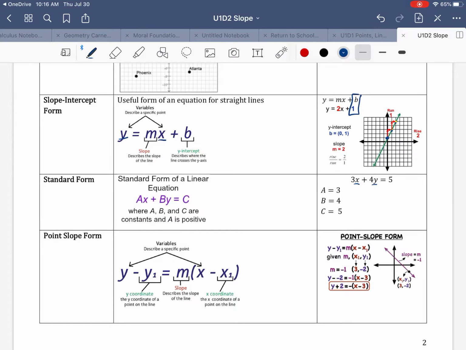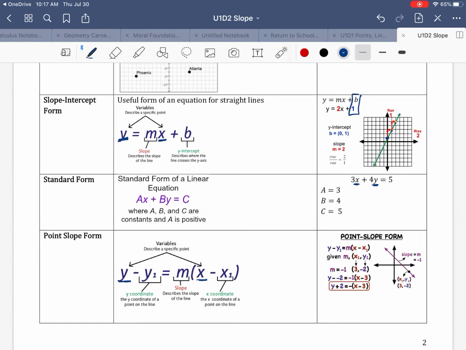Now the last form of an equation is called point-slope form. This is our y minus y1 equals m times the quantity x minus x1. Now here we have our x's and y's that are the same x's and y's from our standard form and our slope-intercept form. But you'll also see that they have these x1 and y1 with the subscripts.